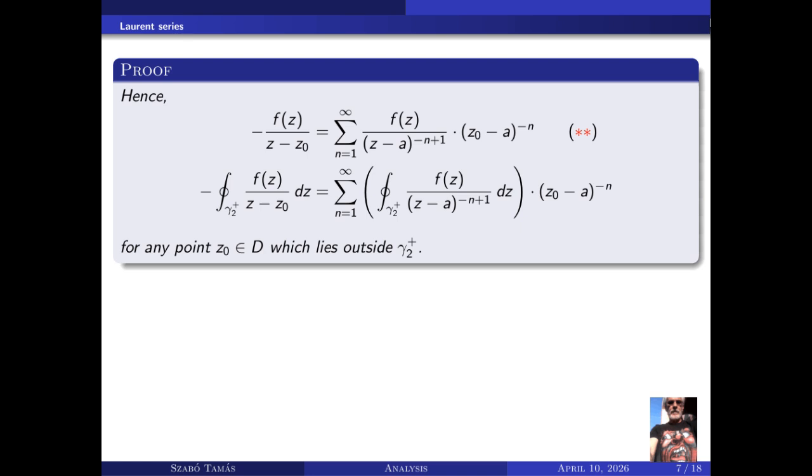This is valid for any point z0 in D that lies outside gamma 2 plus.